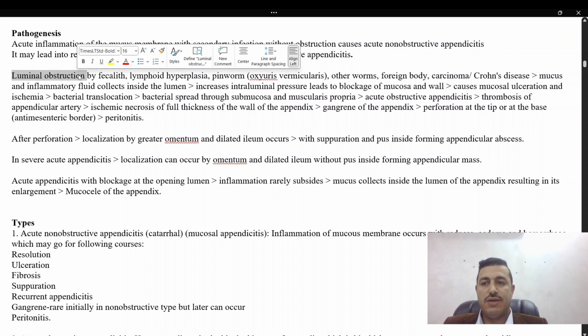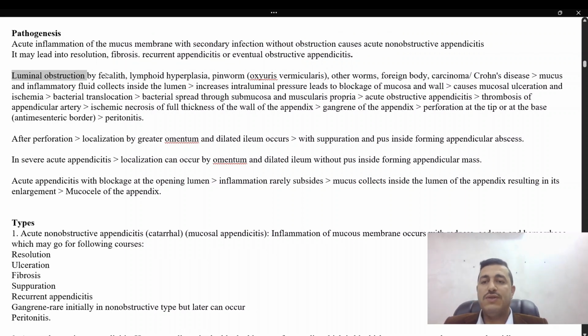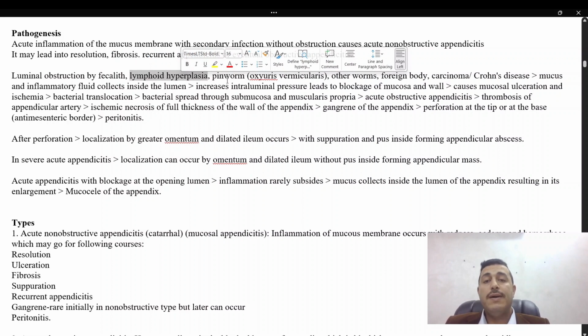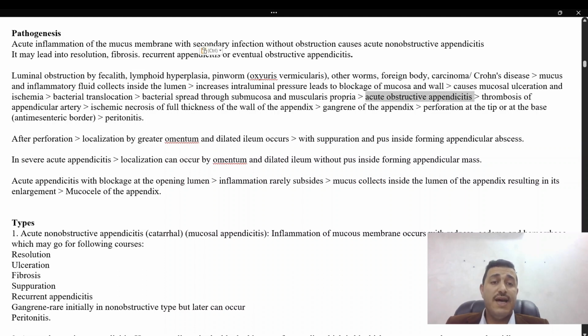If we have obstruction, whatever the cause, fecalith, lymphoid hyperplasia, especially in children, pinworms and other worms, foreign body, carcinoma, Crohn's disease, the mucus and inflammatory fluid will collect in the lumen. This will increase the intraluminal pressure, and this would lead to ulceration, ischemia, bacterial translocation, and spread of this infection, and will cause finally acute obstructive appendicitis.